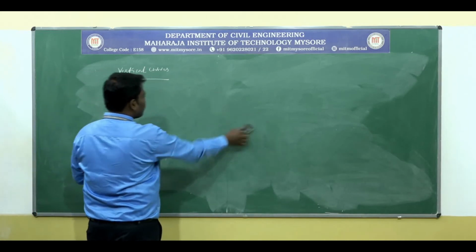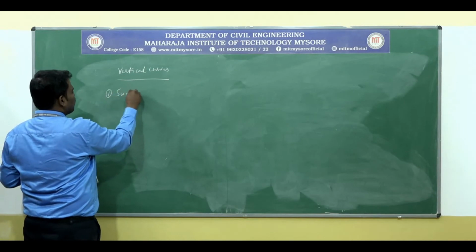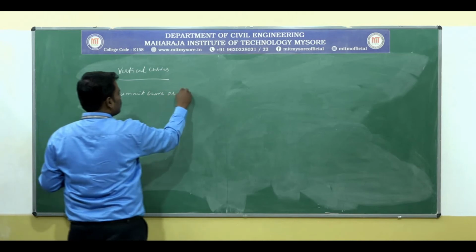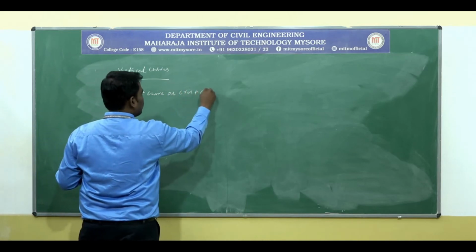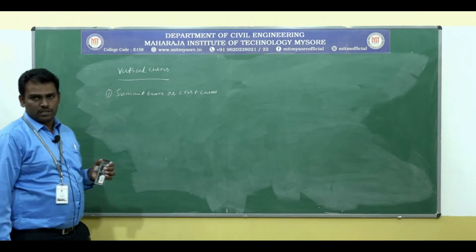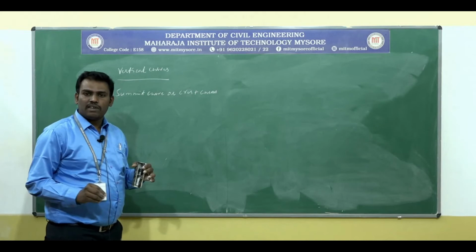Usually there are two types of vertical curves. The first one is the summit curve, or we call it the crest curve, with convexity upwards. Don't confuse concavity and convexity.